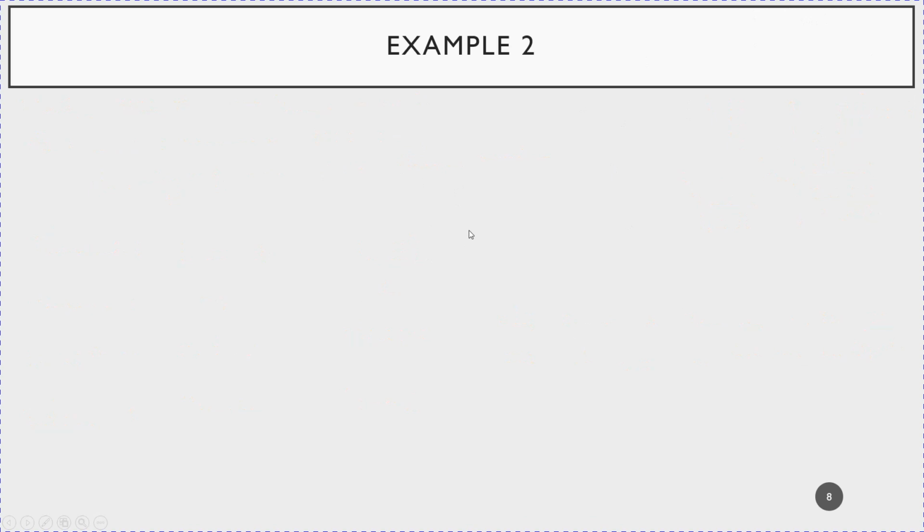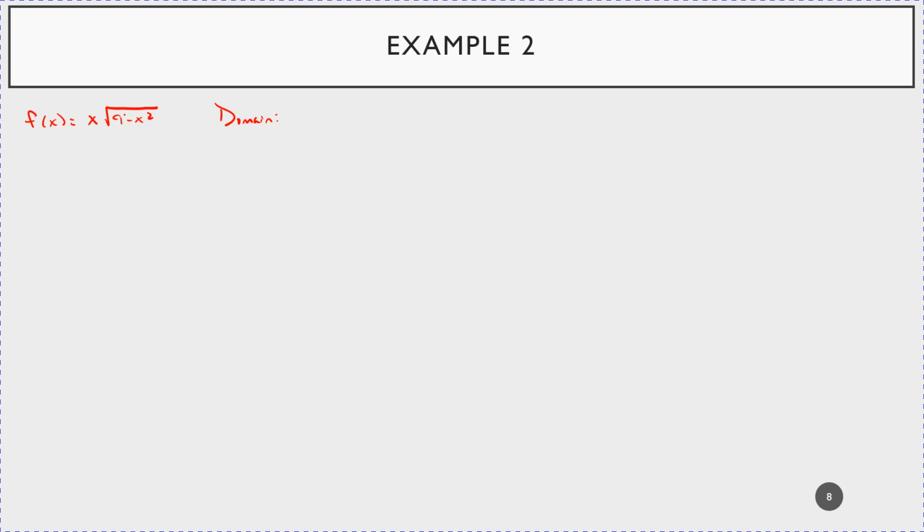Let's consider this function here. And this one's going to be a little bit of algebraic intensity. So f of x is equal to x times the square root of 9 minus x squared. Okay, so the first thing I'm going to do is I'm going to look at this and say, okay, what is the domain of this function?